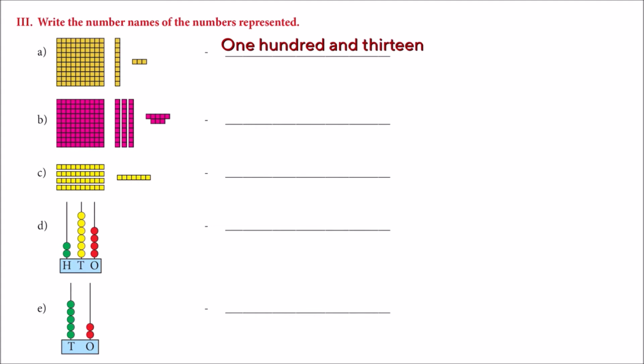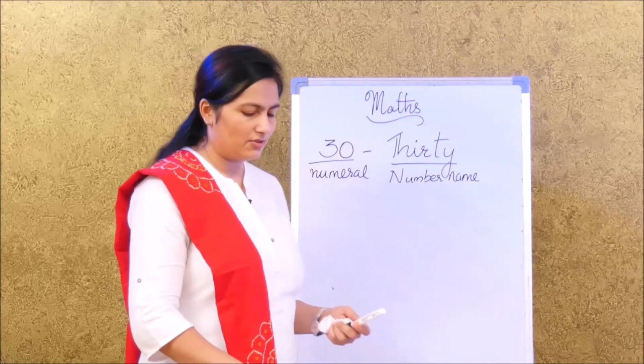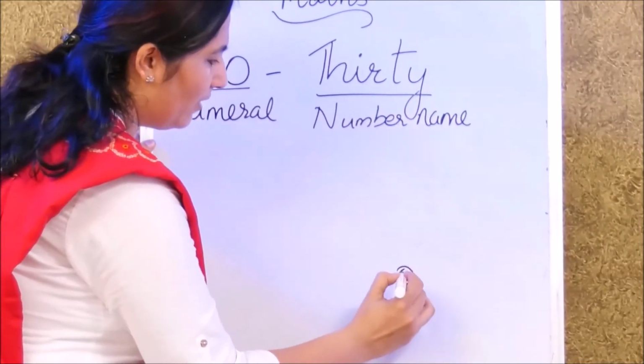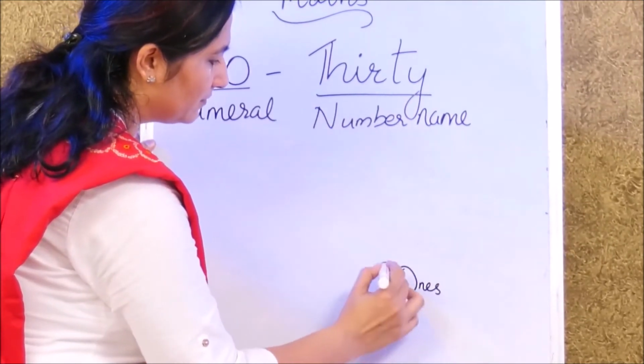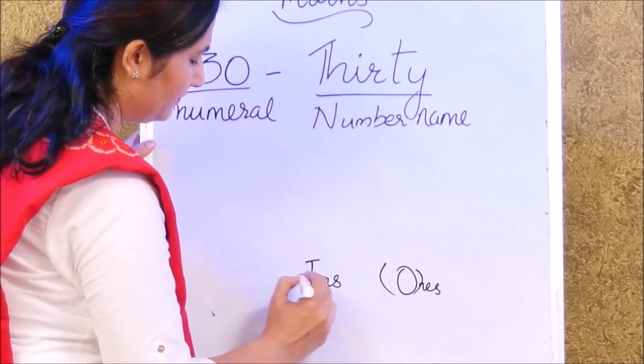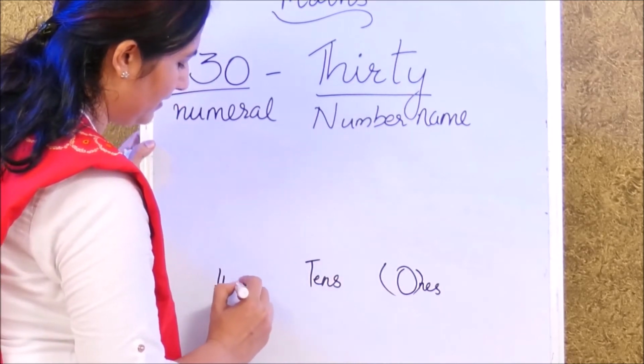Let's do one on D, the abacus method. So your answer will be, let me just brush through, this is ones, this is tens, and this is hundreds.